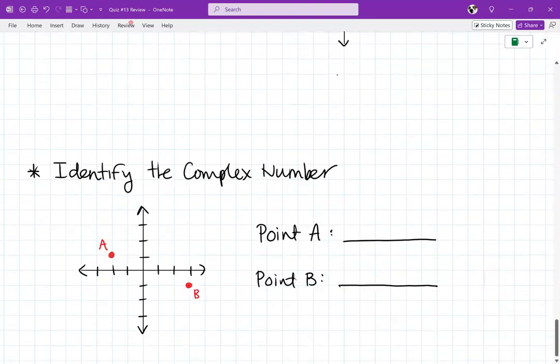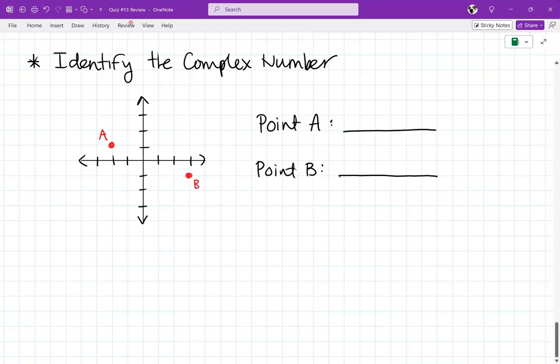And here's the last one, and then we're done. So identify the complex number. So again, I don't give you the coordinates. Usually I would, but I don't give you the coordinates because then that's just kind of giving you the answer.